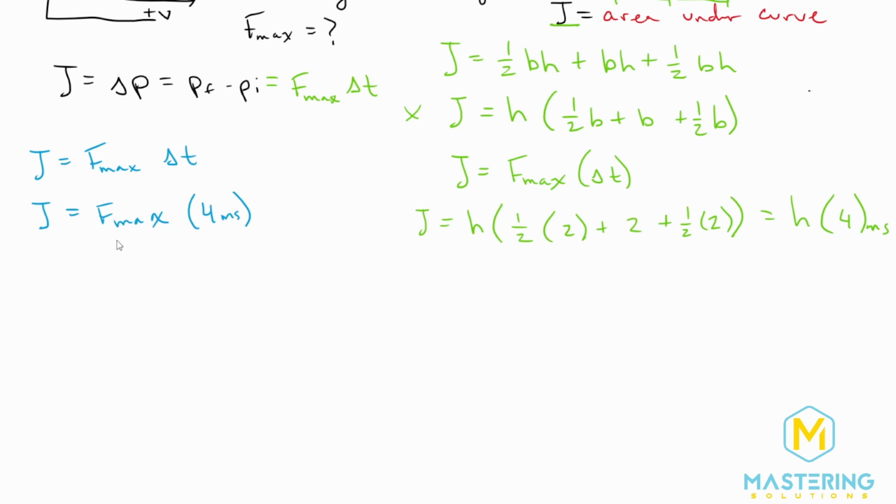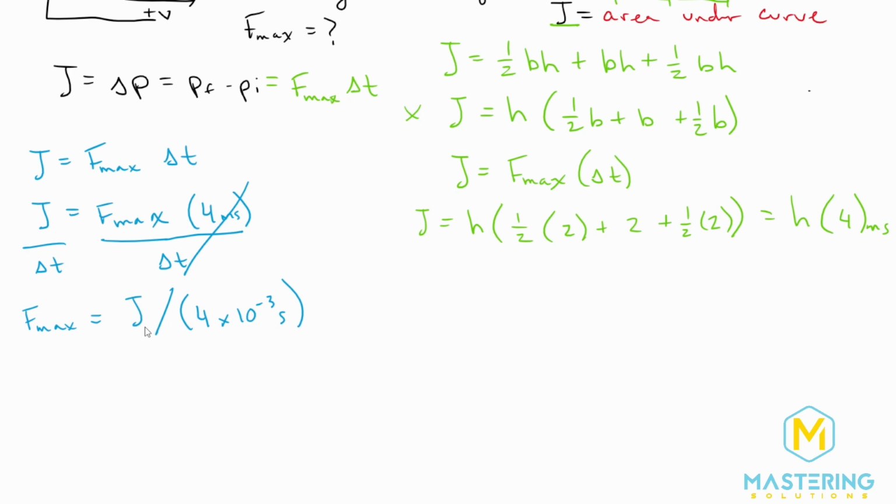So we want to isolate Fmax. So if we divide both sides by change in time, Fmax is equal to J divided by 4 milliseconds, so 4 times 10 to the negative 3 seconds for the change in time.